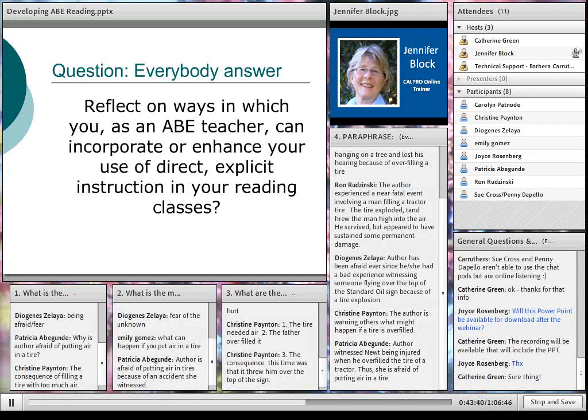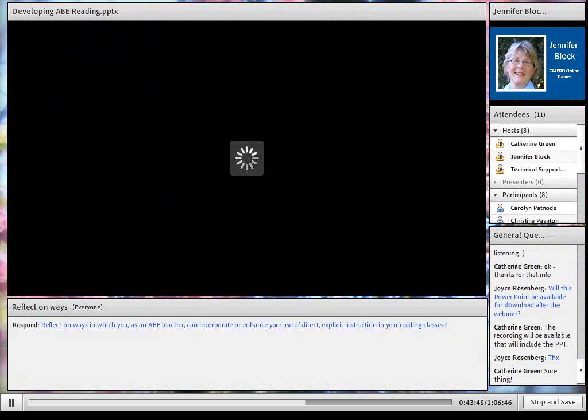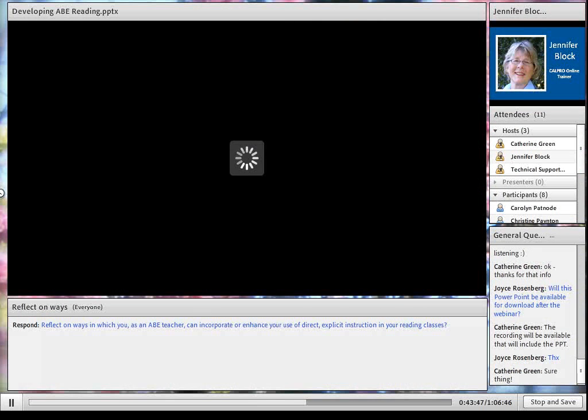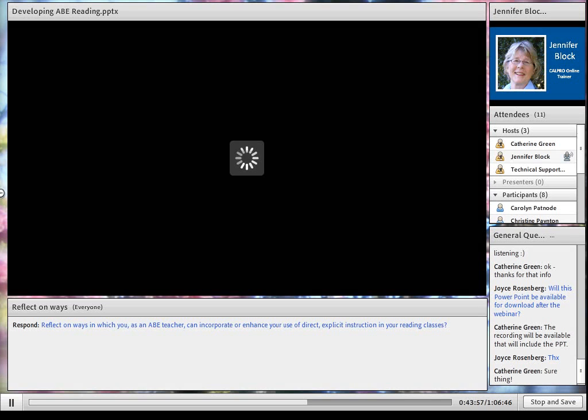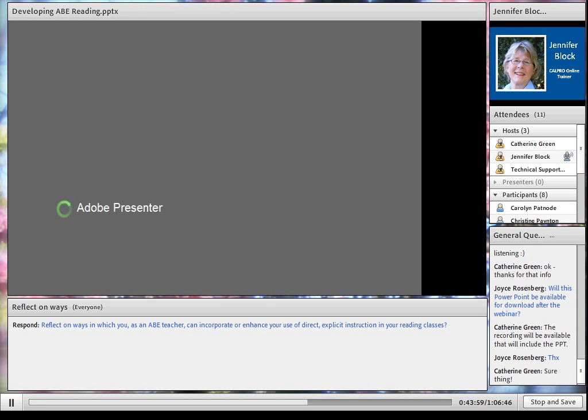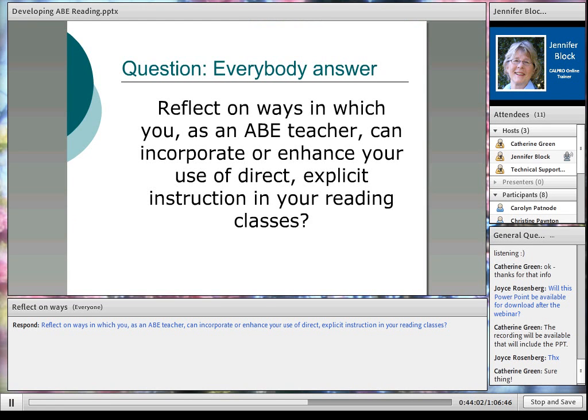Anyway, I think we are moving on to the next. Now, I believe everybody is using direct explicit instruction, but can you reflect on ways in which you, as an ABE teacher, can incorporate or enhance your use of direct explicit instruction in your reading classes?